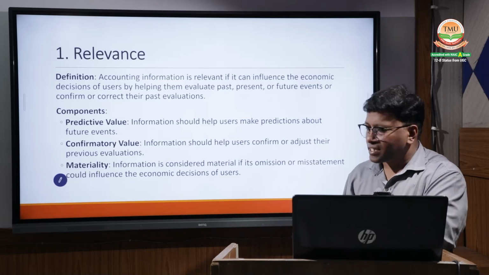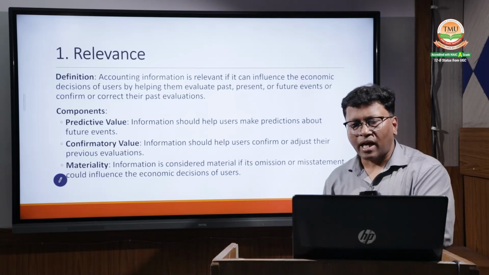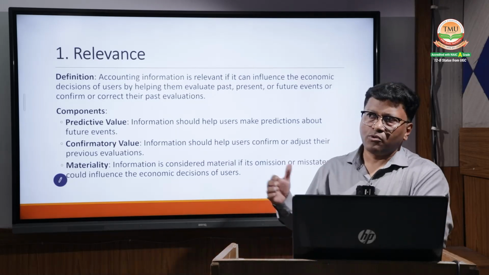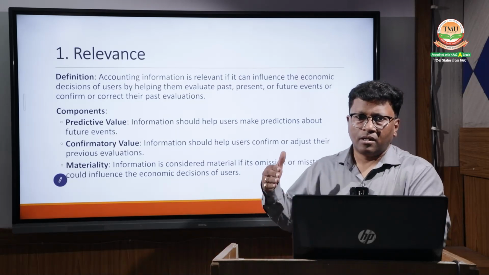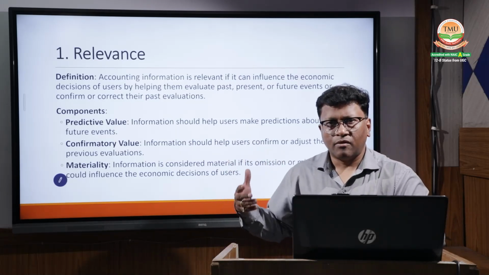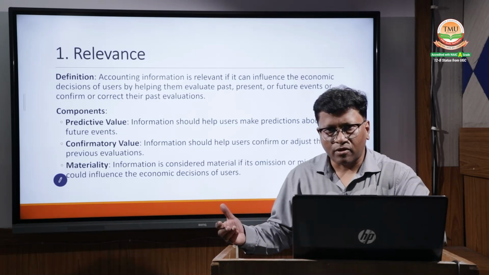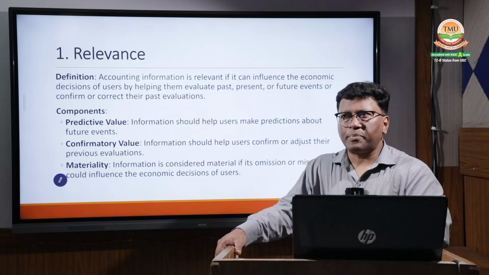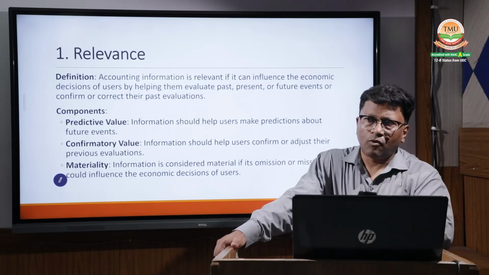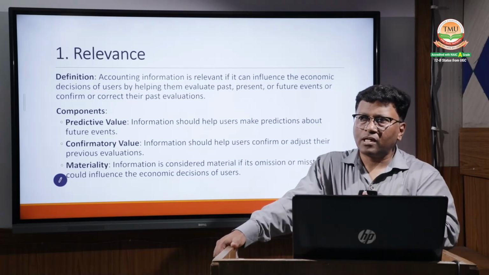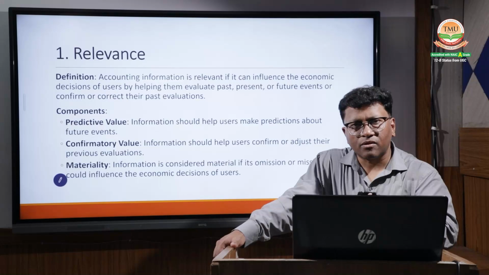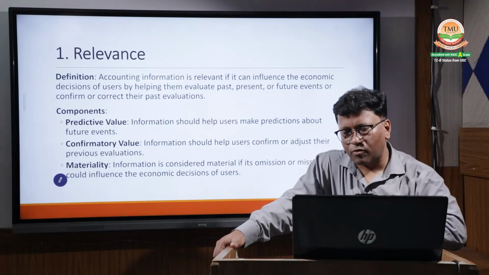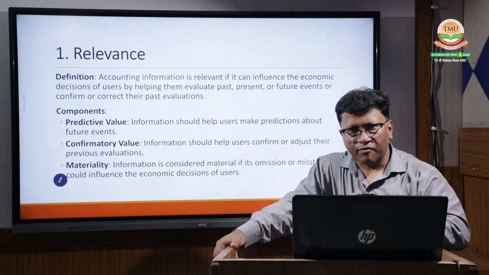And components are the predictive value. It means the information should help users make predictions about future events. If the users of accounting are going to take a future decision, or they are planning for something, as I told you, for expansion of the business, you can predict what would be the value of a stock, what would be the scenario after 2 years if the particular business is going in the same direction, what would be the picture of the funds with the company.